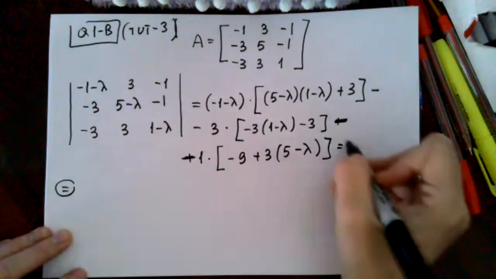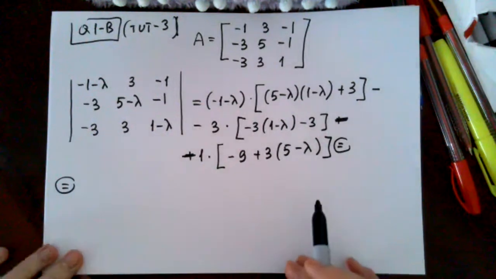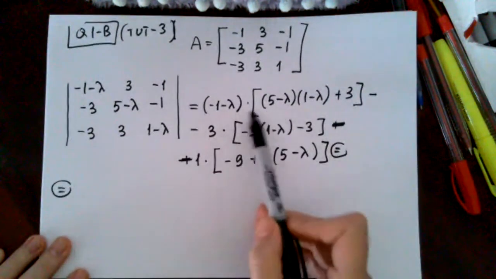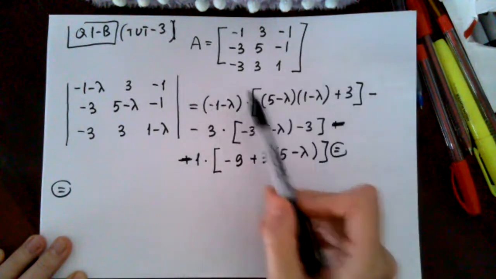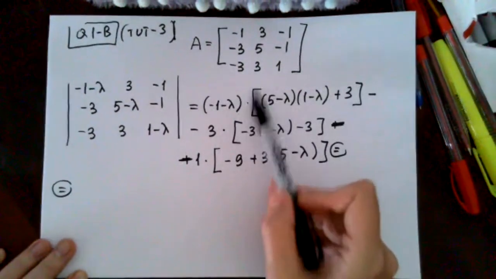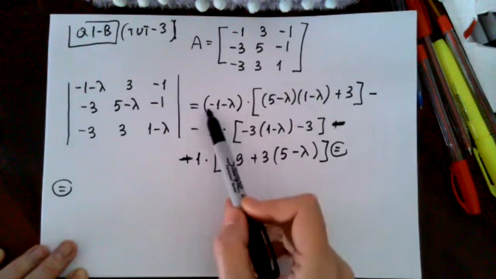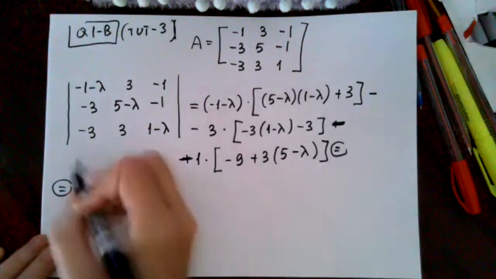And now we need to do some simplifications, but in a very clever, educated way. It's better not to expand it, not to do this multiplication completely. I mean that it's better only to do multiplication when it comes to these brackets, but not these parentheses. So this guy gets multiplied by this guy, and that's it.